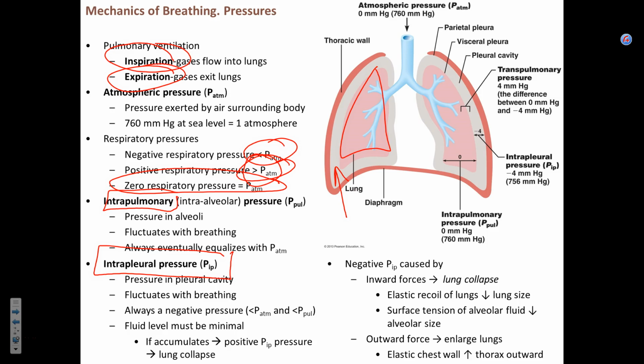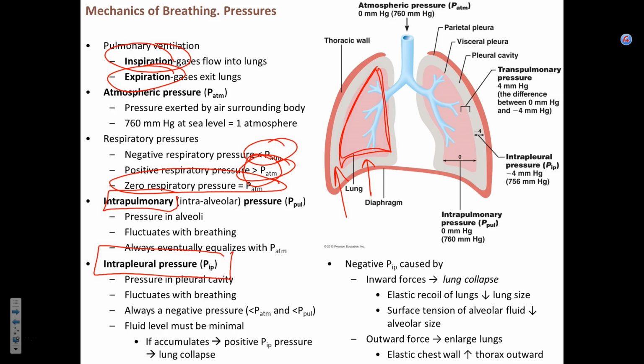Does that make sense? So lungs expand. It's really important. And you don't really need much to expand the lungs. Does that make sense? If it's lower, then lungs will remain expanded. Now think about this.